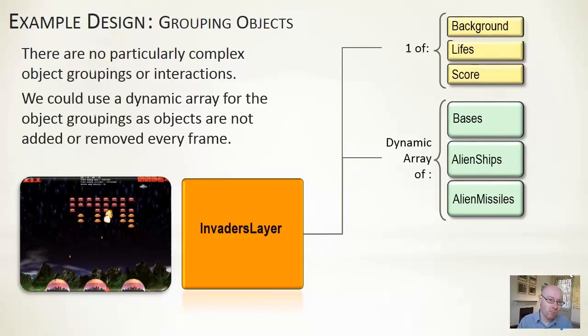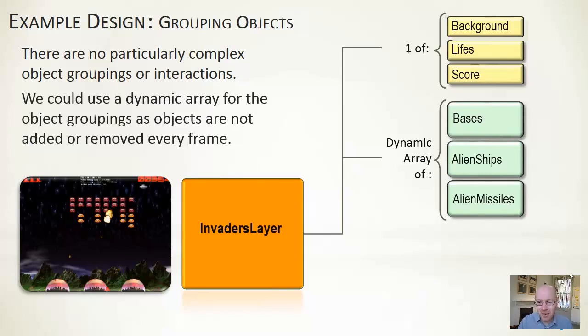Every second would equate to maybe once every 50 frames. So for 49 out of 50 frames, we'll simply be updating the positions of the objects within it, and every once in a while we'll be removing one. So something like a dynamic array would be perfectly fine for the frequency with which we would be removing objects from it.